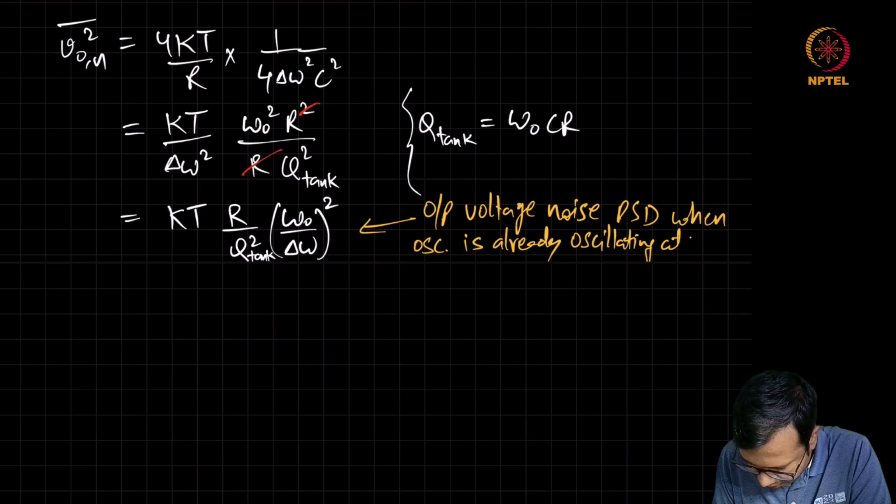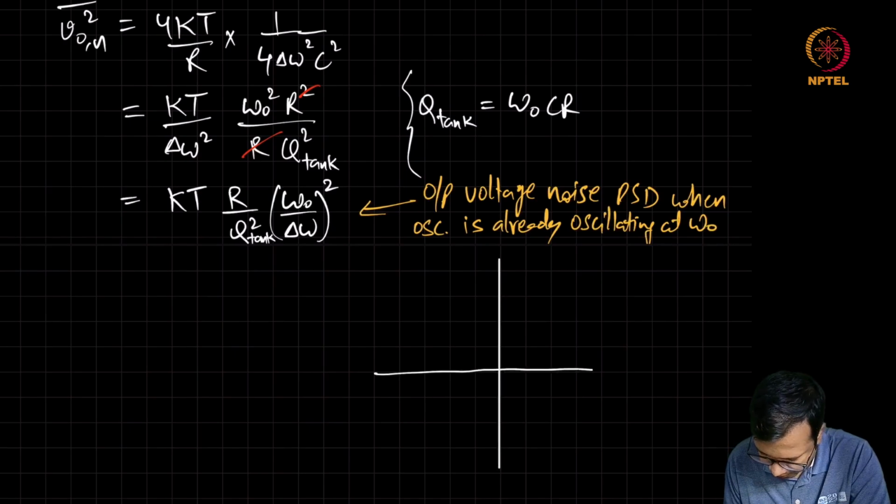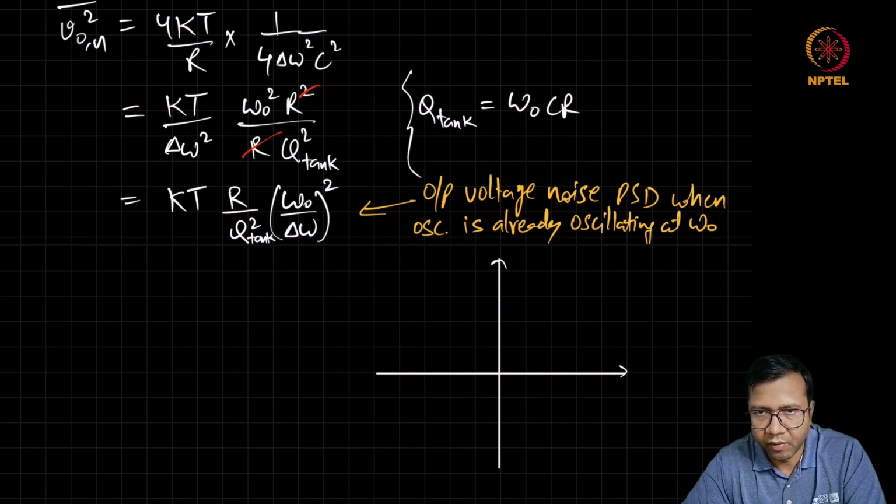So let us try to understand the effect of such noise by looking at the phasor of the output voltage.